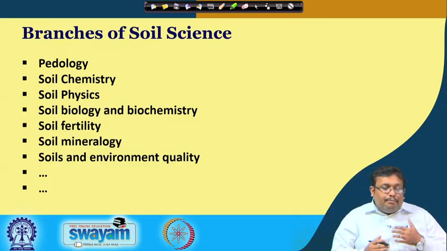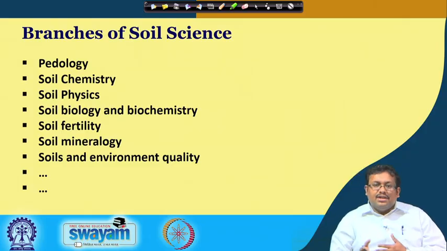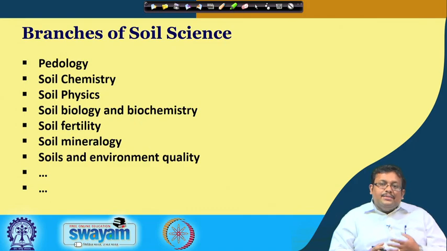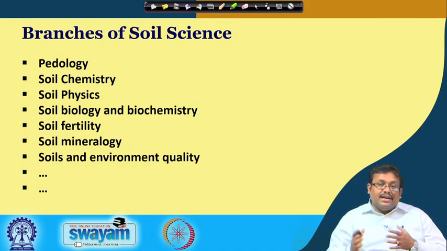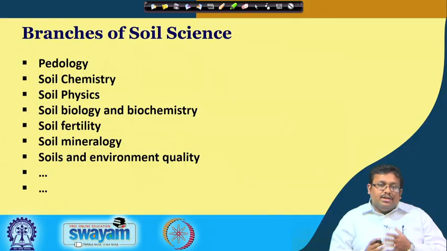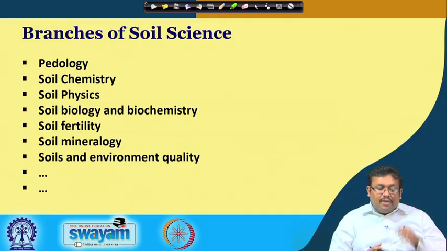So, soil pedology basically deals with the origin of soil and its classification and its several features. The soil chemistry basically deals with several chemical properties of the soil. Soil physics basically deals with physical properties of the soil. Soil biology and biochemistry deals with different microorganisms and different organic colloids and organic molecules which are present in the soil.